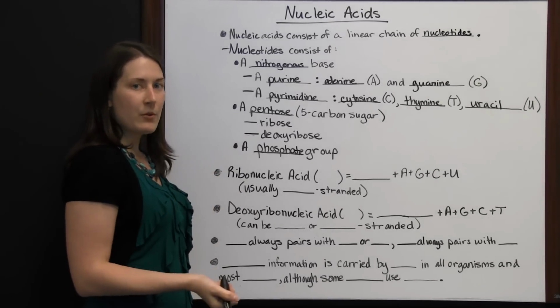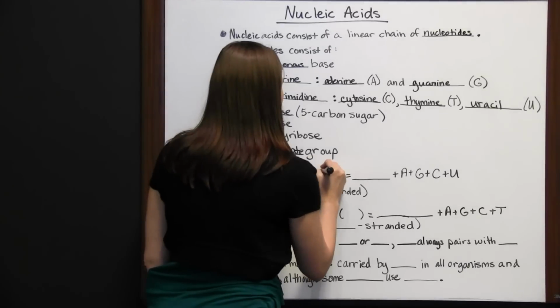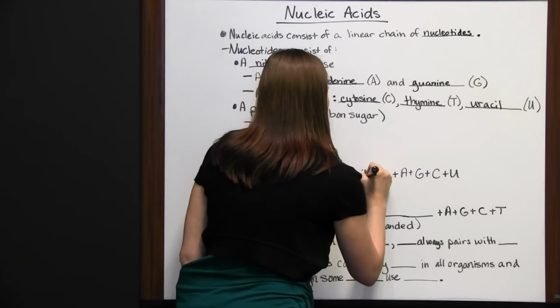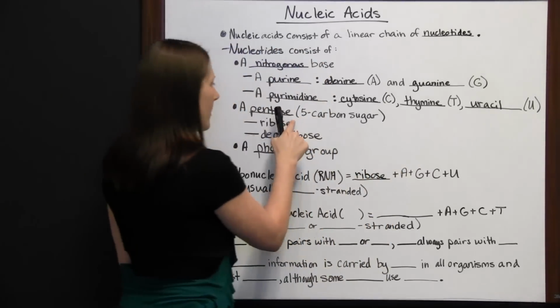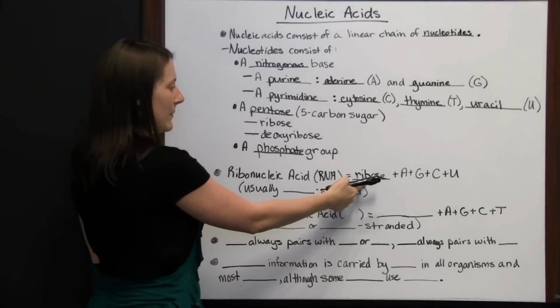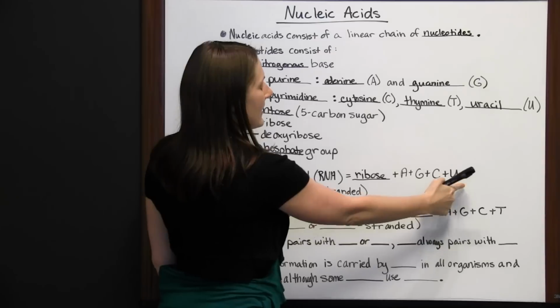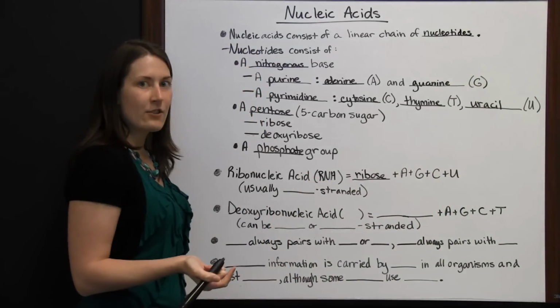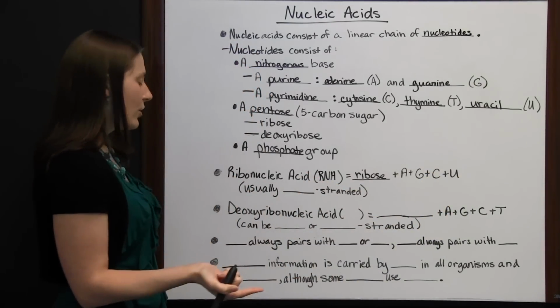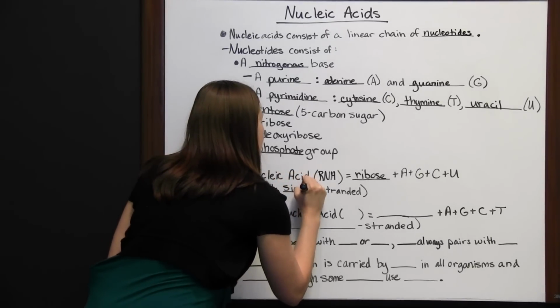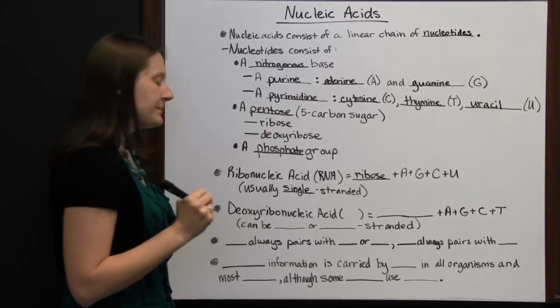First, we have ribonucleic acid, or RNA, which consists of the sugar ribose, so our pentose, our 5-carbon sugar ribose, plus adenine, guanine, cytosine, and uracil. Those would be the nitrogenous bases that you're going to use. And ribonucleic acid, or RNA, is usually single-stranded.